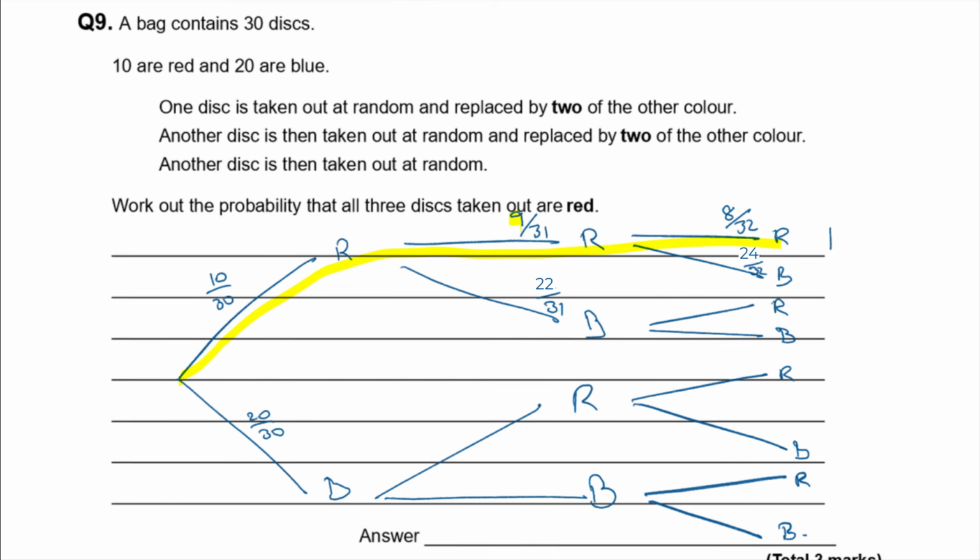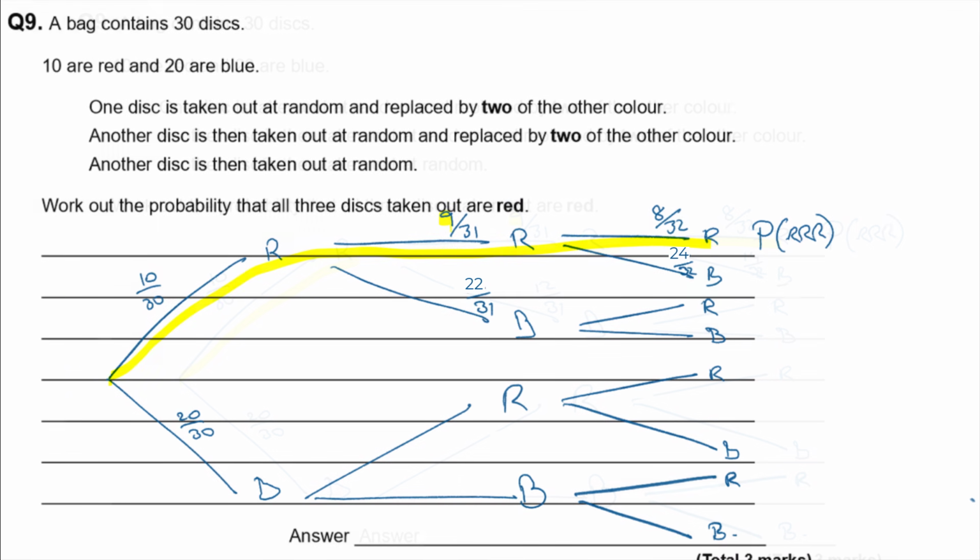Right, so then the probability of red, red, red is going to be, kind of running out of space, let's budge this over a sec. So red, red, red is going to be 10/30ths times 9/31ths times 8 over 32. And what is that then?